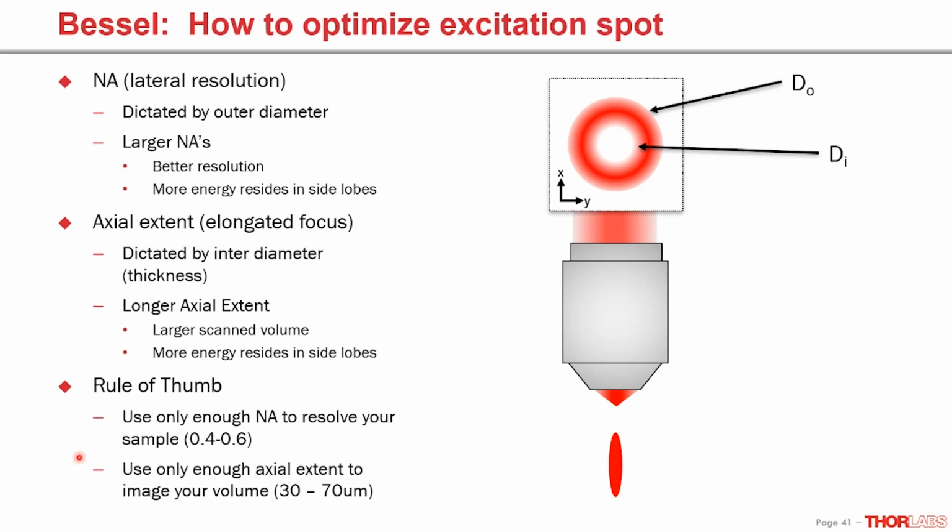So the rule of thumb is you want to use only enough NA to resolve your sample and only enough axial extent to image your volume. A sweet spot that a lot of applications have been using is 0.4 to 0.6 NA and an axial extent of 30 to 70 microns.